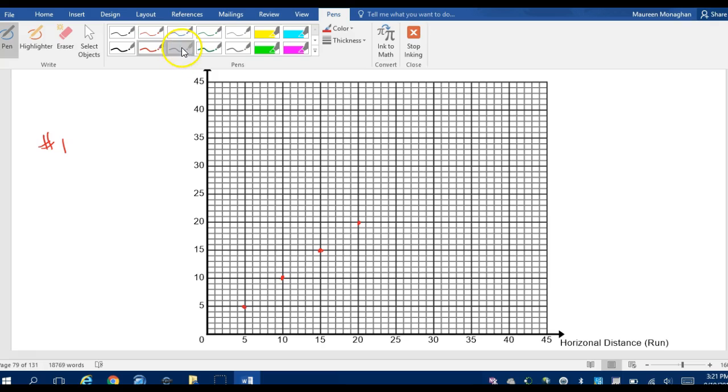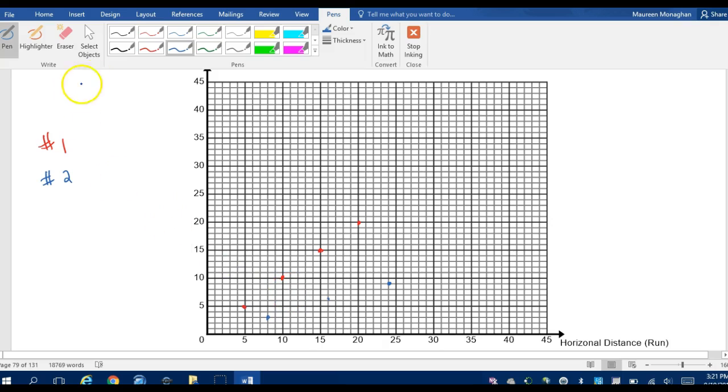The next one, number 2, let's do in blue. And that one is rise 3 over 8. Up 1, 2, 3, over 1, 2, 3, 4, 5, 6, 7, 8.